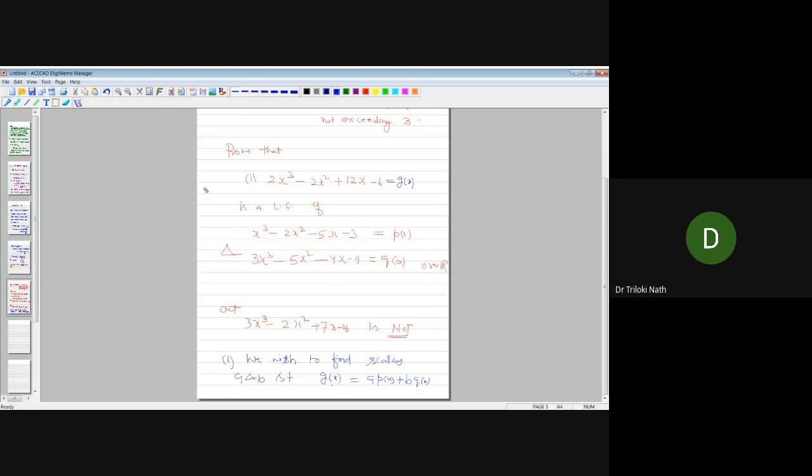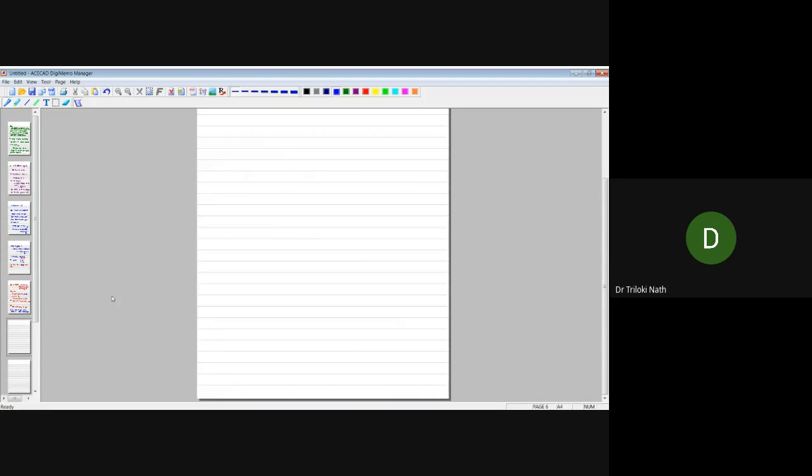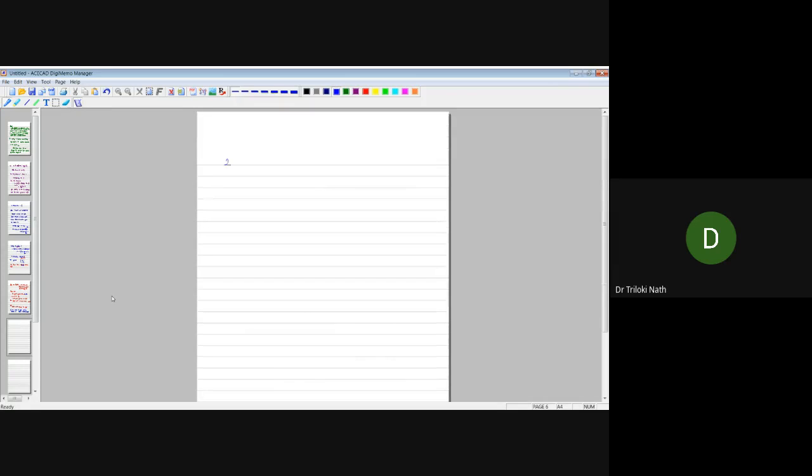Is it not? Vector b is equal to a1 u1 plus a2 u2. So in place of the vector b, you have the polynomial gx. In place of the vectors, your vector u1 is px and vector u2 is qx. And for simplicity, we are calling the scalars a and b. Okay, so let us write again. This vector is 2x cube minus 2x square plus 12x minus 6.